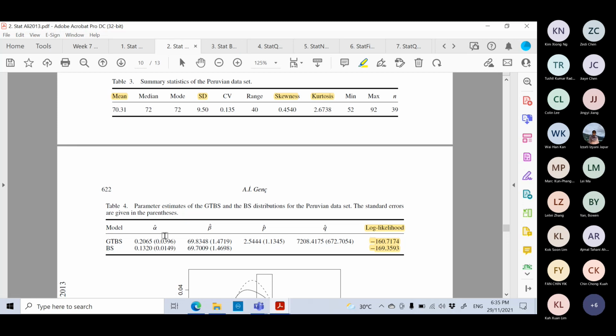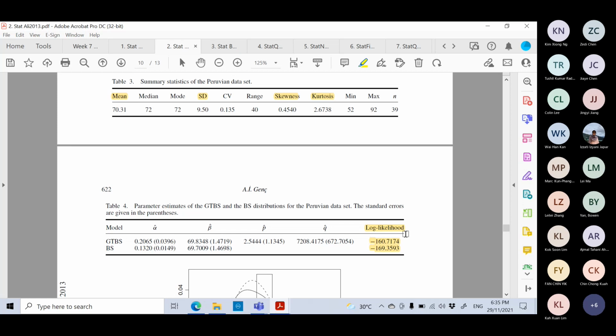Okay, so these are the things you need to take note of when you apply the example, and you need to look at your result carefully. Don't just run your programs or use software to produce the result and then accept it. You need to analyze whether the result you obtain is logical or not. Then, from the estimated parameters here, they calculate the log likelihood values.